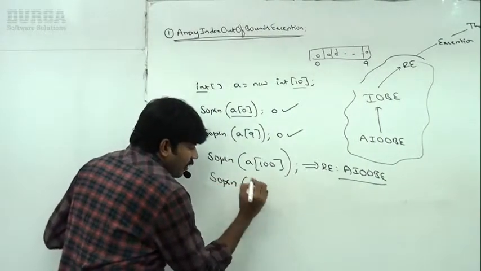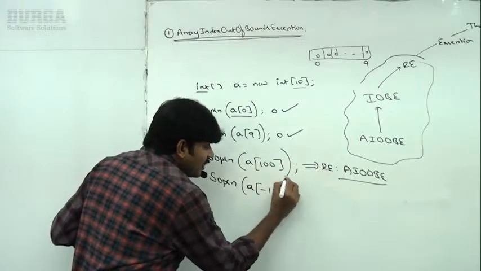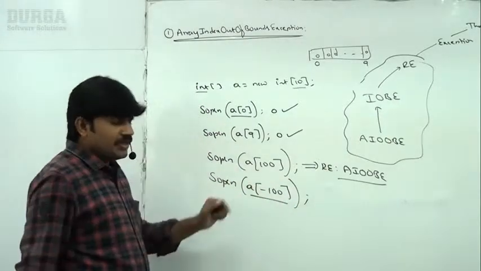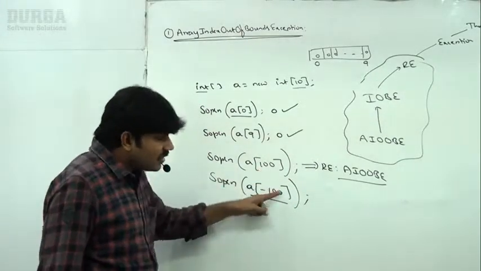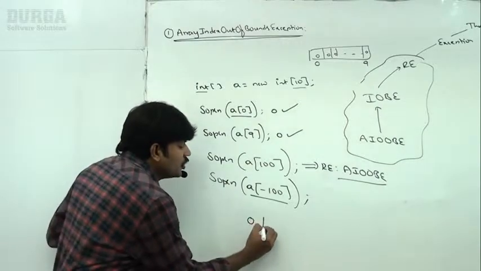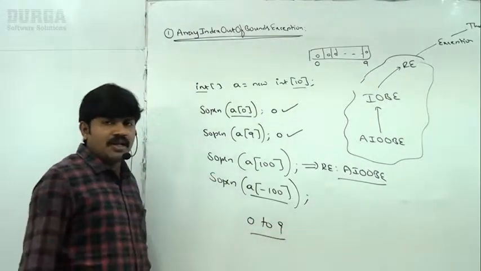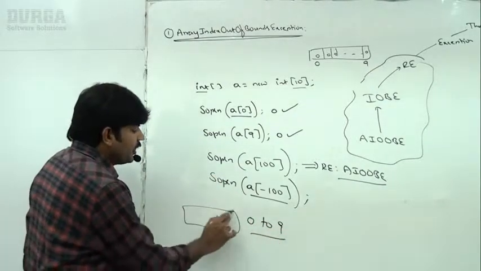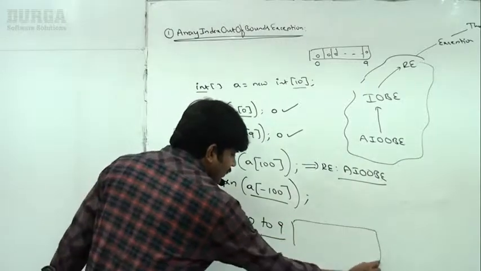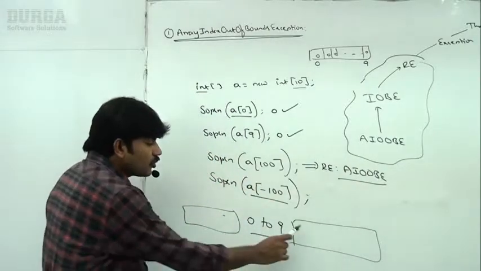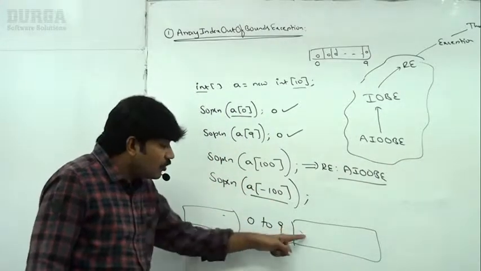Now System.out.println of a[-100]. Whether it is positive or negative, no problem; it is not in the range. The valid range is 0 to 9 only. Before 0, any negative value, and after 9, any positive value, is out of range.